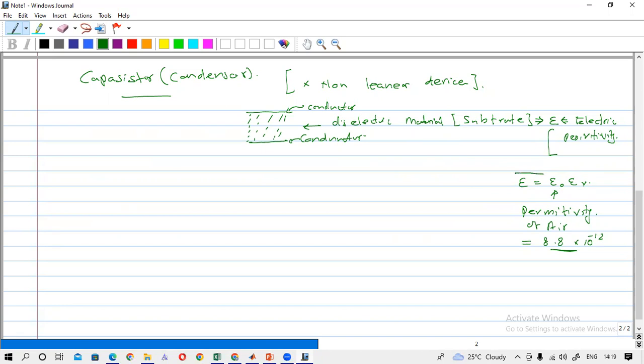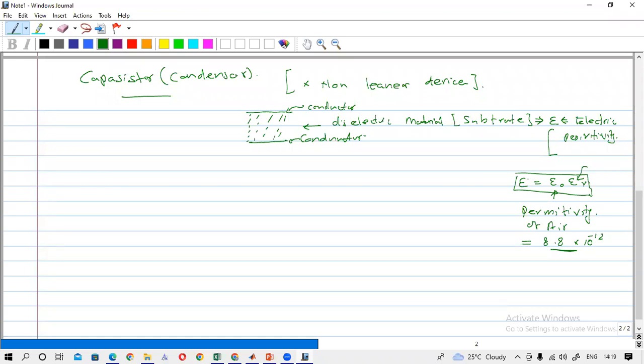For many substrates, this value is given in the data sheet; normally we are given the relative permittivity, not the permittivity. So if we want to find the exact permittivity, we have to multiply it by the permittivity of air. So I think it is clear.